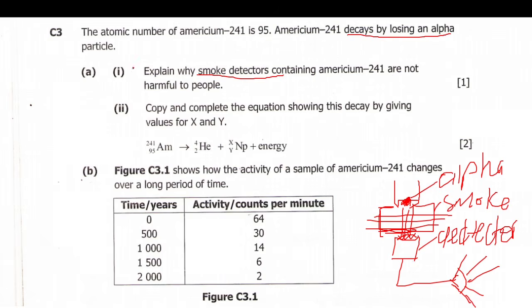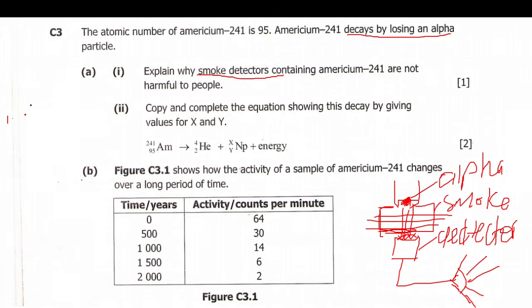That's what they're saying here when they say, explain why smoke detectors containing americium 241 are not harmful to people. So since they release the alpha. So here, for you to answer this question, you have to look at what alpha particles are in terms of their characteristics. So we say they have less penetrating power into tissue, meaning they don't enter into the body, because radiation by nature is dangerous.